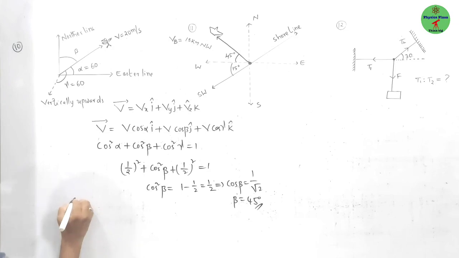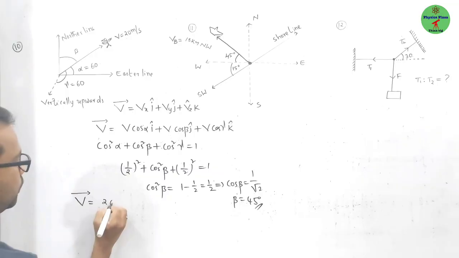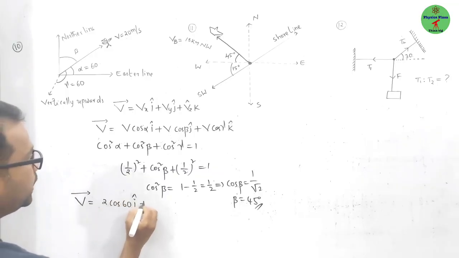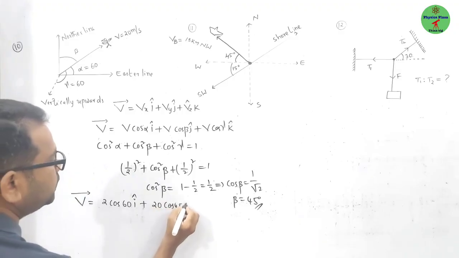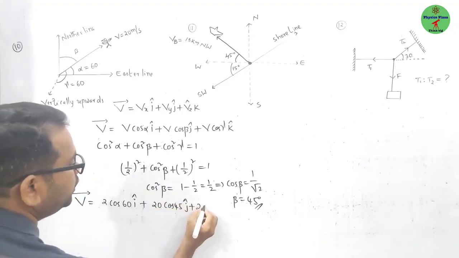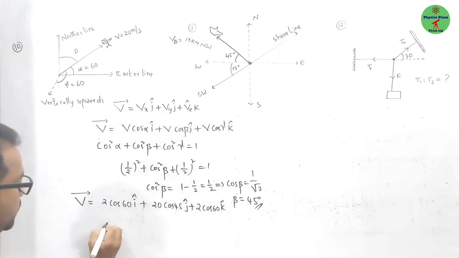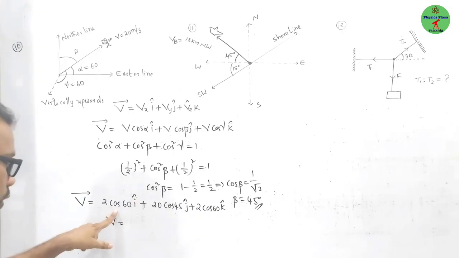So here V is equal to, in vector form, the magnitude that is 20, cos 60 i cap plus 20 cos 45 j cap plus 20 cos 60 k cap. So children, cos 60 is how much? 1 by 2.